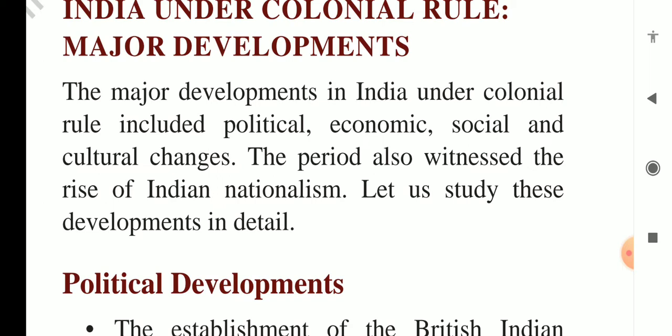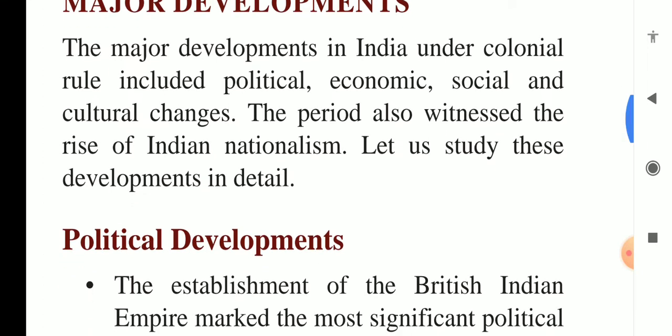The period also witnessed the rise of Indian nationalism. So that was a very crucial period also, because at that time the feeling of Indian nationalism was rising. Right? At that time, many Indian nationalists started thinking that today or tomorrow we must free our country from the jaws of the Britishers.